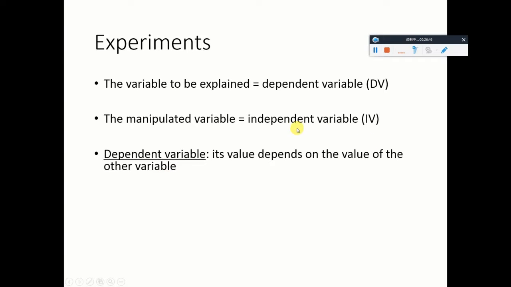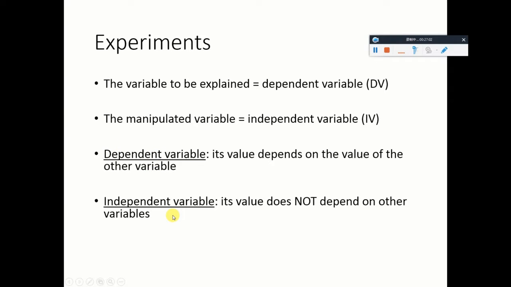right? Depending on whether the personal warmth variable takes the value of warm or cold, the value of the dependent variable will change. That's why it is called a dependent variable. And we call the variable that is to be manipulated the independent variable because its value does not depend on this variable or any other variable in the experiment, right?